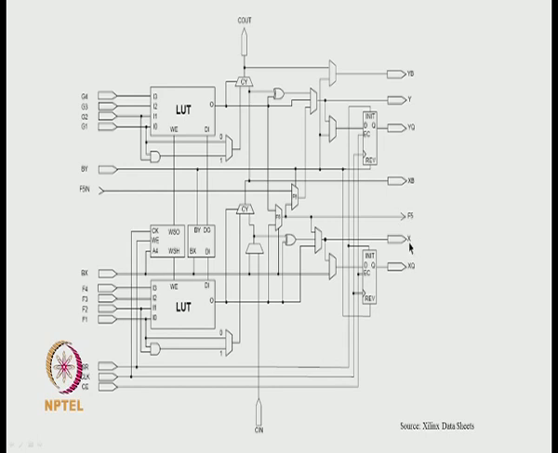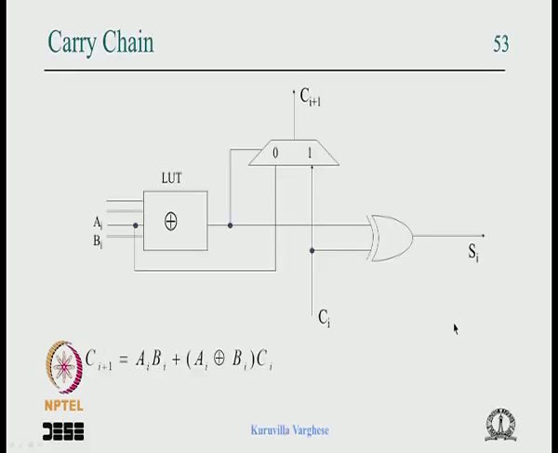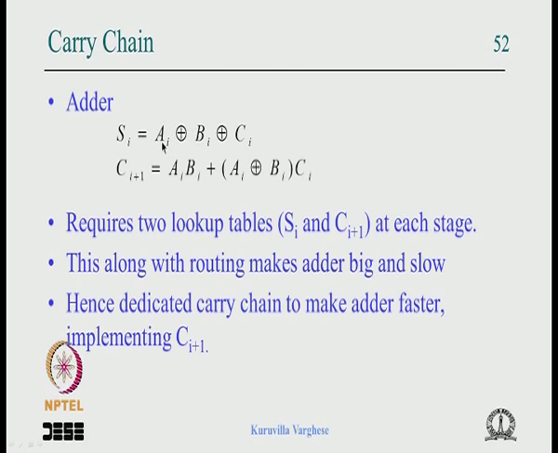Now combine this C1 with A1 B1 to get the sum 1, and another lookup table for C2. So essentially you need 2 lookup tables per full adder, and all the interconnection is going to make everything slow. If the addition is slow, the multiplication you build using the addition will be slow. So that is one issue.